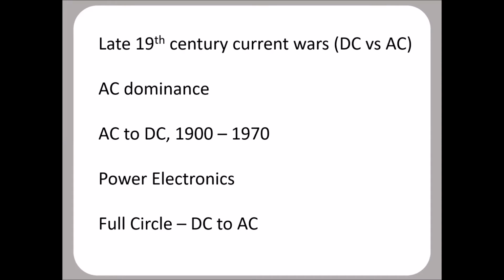And then things changed very much, and we moved into the era of power electronics, which allows us to do things much more efficiently and rapidly. So there'll be a step change there in the nature of the technology.